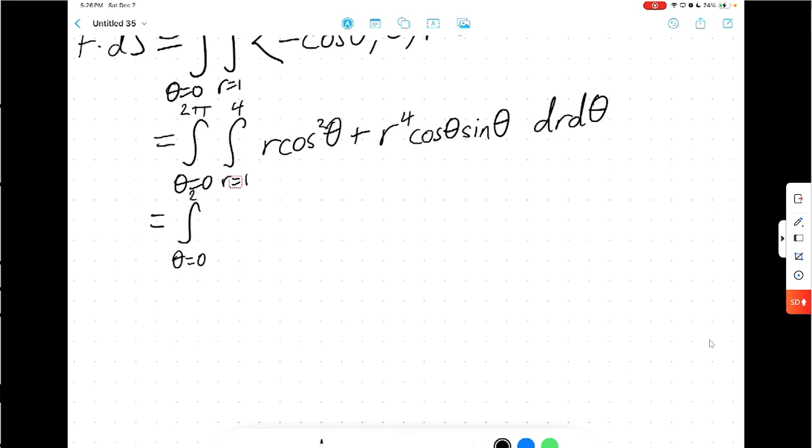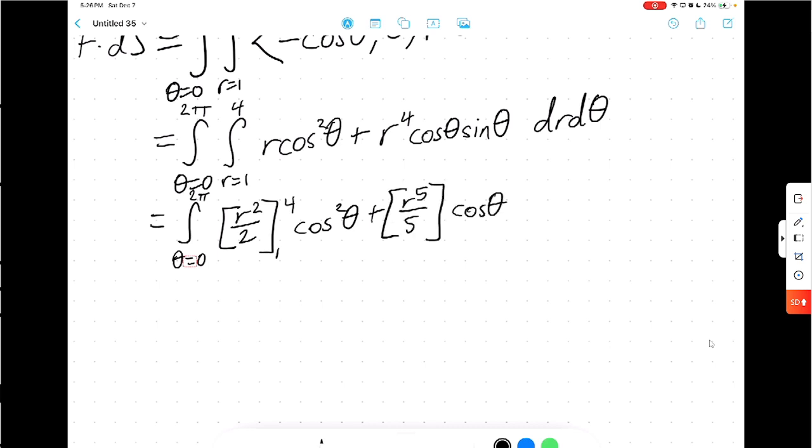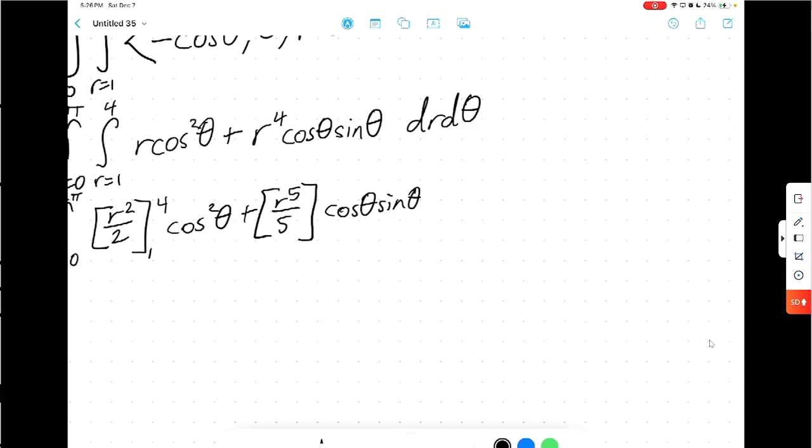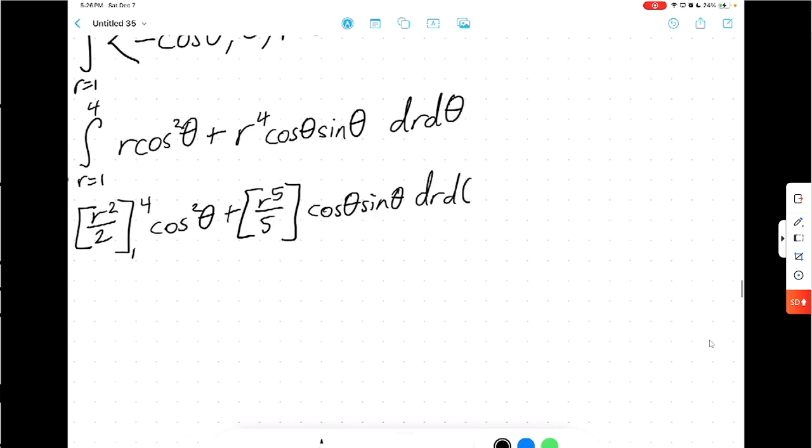Theta is equal to 0 to 2 pi of r squared over 2 from 1 to 4 cosine squared theta plus r to the 5th over 5 cosine theta sine theta dr d theta.